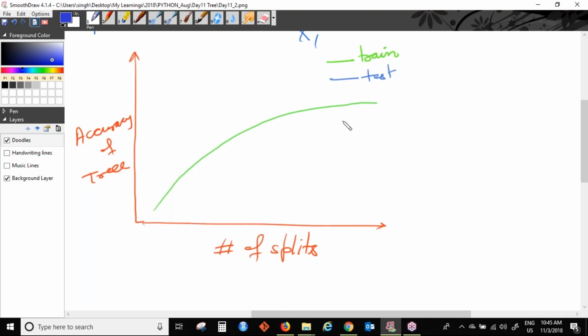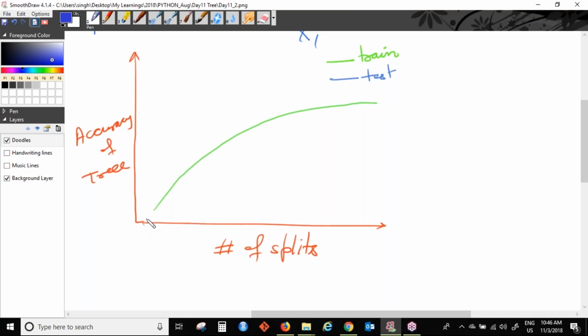Yes, guys, what about the test data? Will it increase or will it decrease?